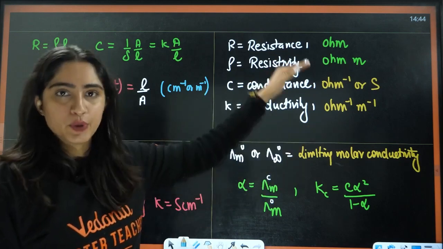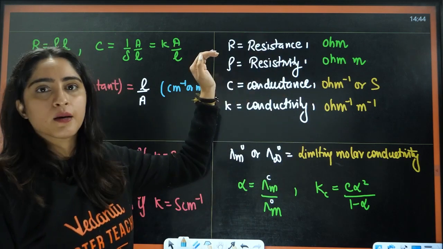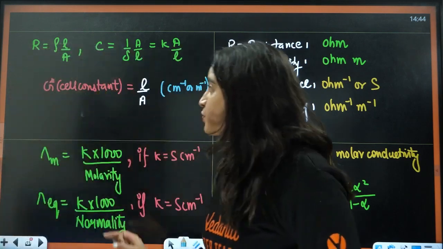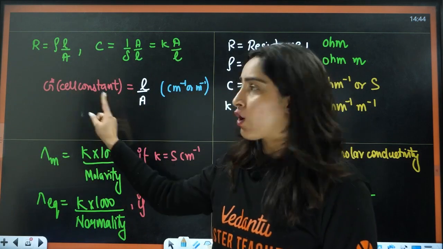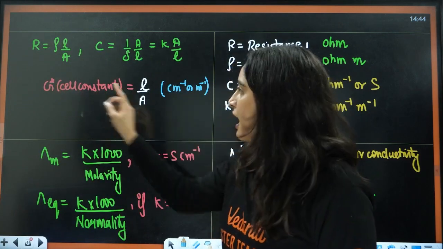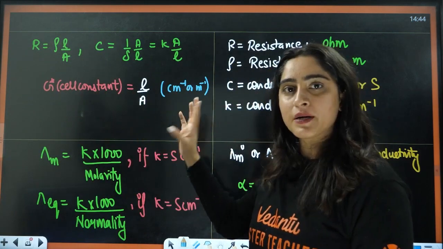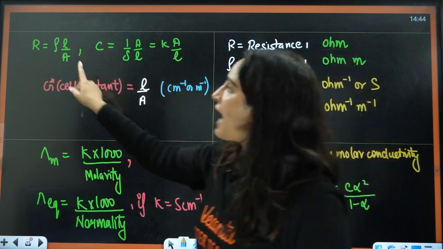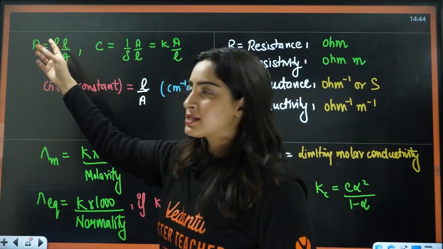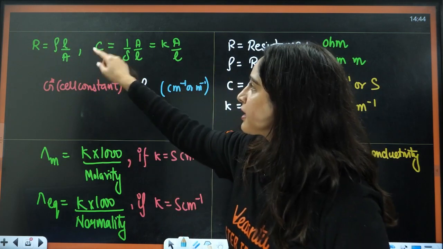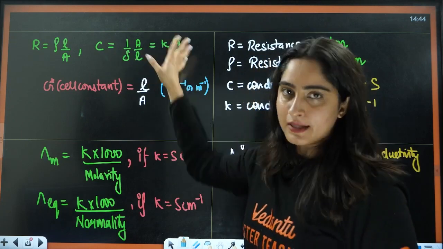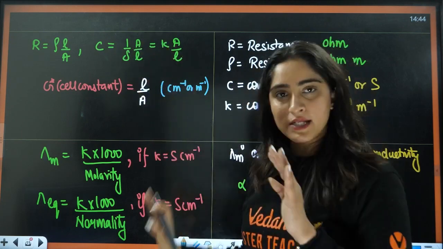So these are the units of these particular terms, right? Next we have the cell constant, that is represented by G star, and that is l by A. Units can be per centimeter or per meter, and R is related to resistivity in this case. Conductance is related to conductivity in this case. So these formulas are very important.